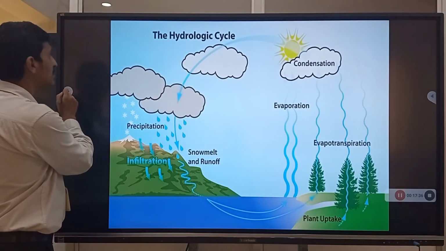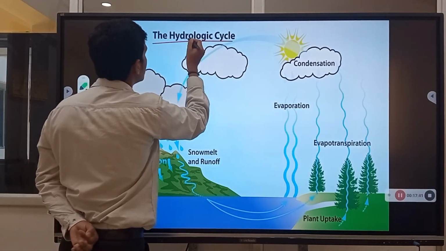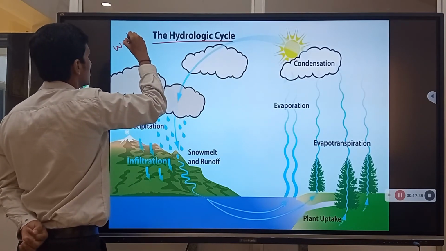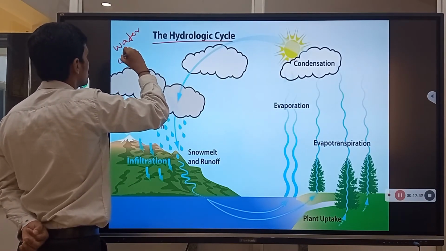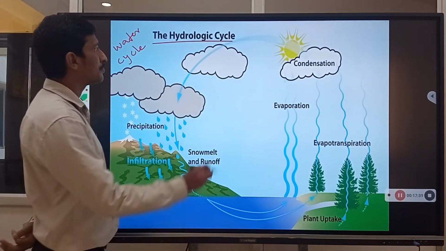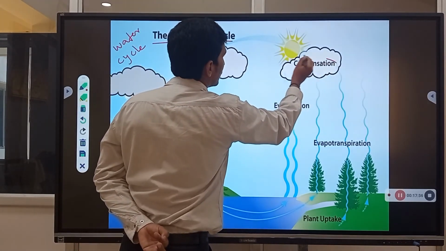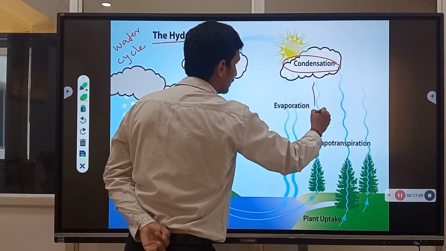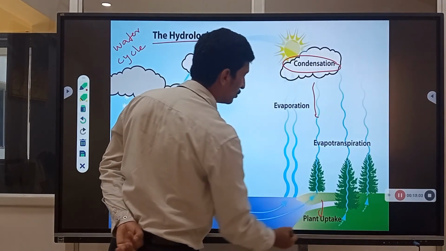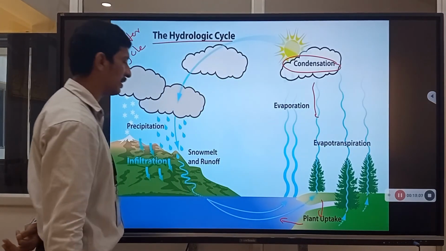Here I show the hydraulic cycle. The hydraulic cycle is nothing but the water cycle. In the cloud, condensation and precipitation occur. This precipitated rainwater reaches the ground, and due to infiltration, the water reaches the lake or river.